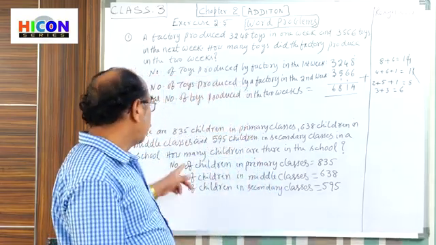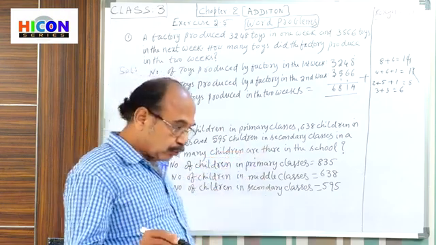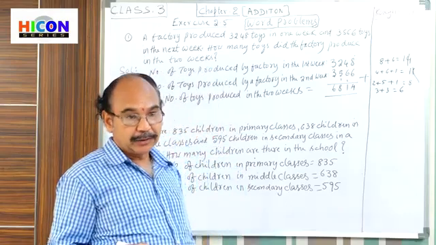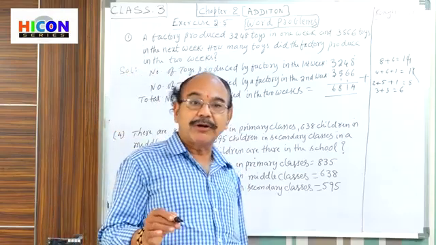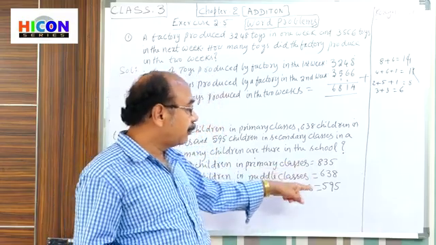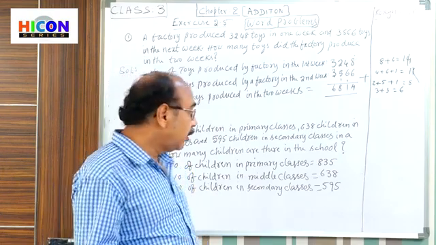Now, how many children are there in the school totally? In the whole school, totally how many children are there? So to find this, what we have to do here? Addition. Just by adding the three numbers, we can get the total number of children in the school.